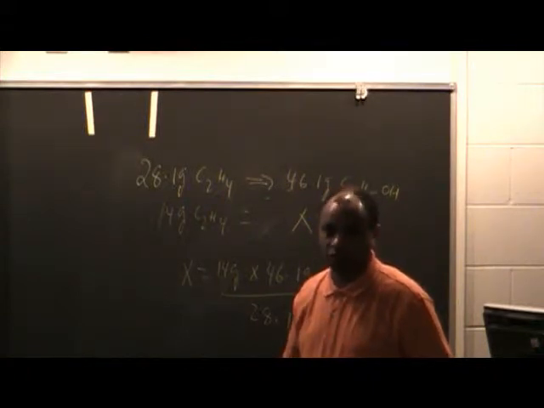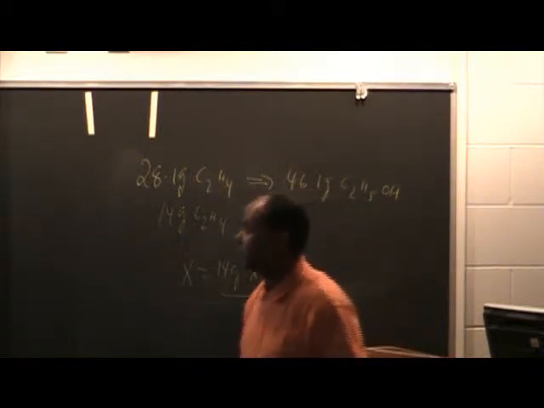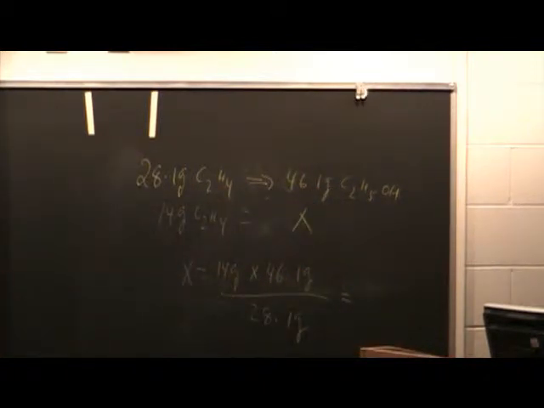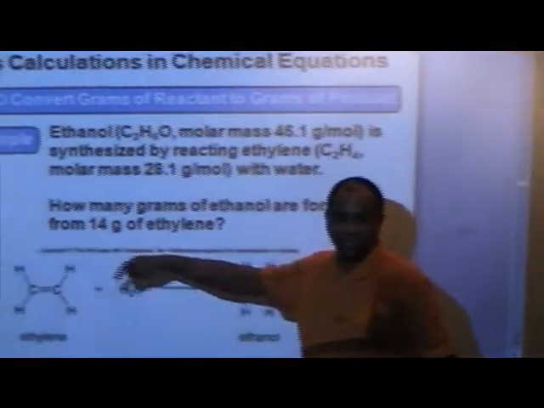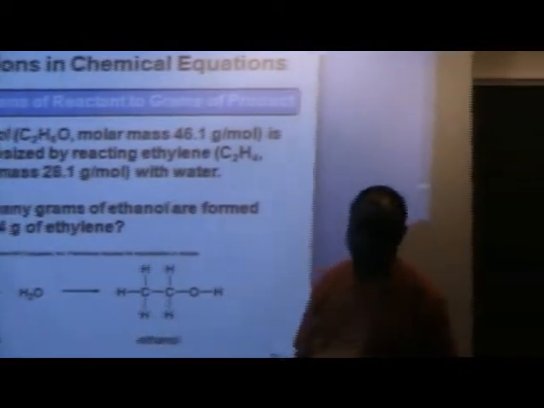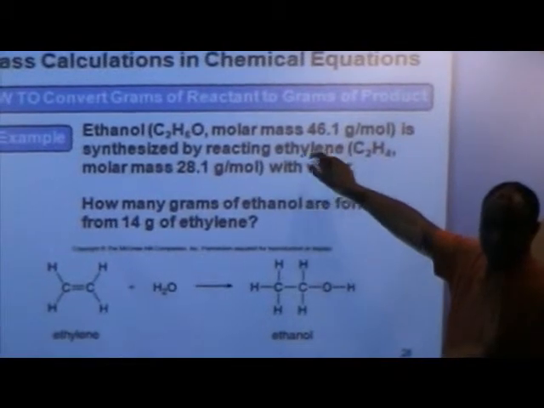Of course gram per mole is different from grams, because this means 1 mole of ethanol is 46.1 grams. This means 1 mole of ethylene is 28.1 grams. But we don't know the amount here, it's just 14 grams. This is a value per mole.